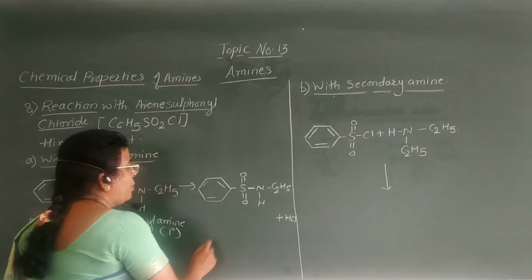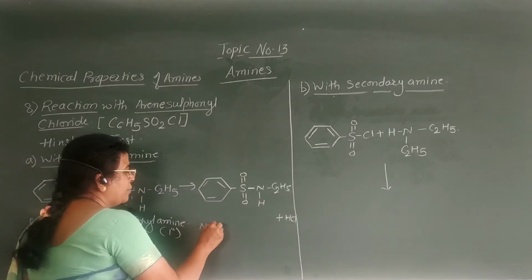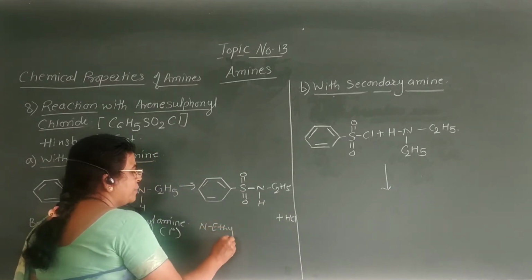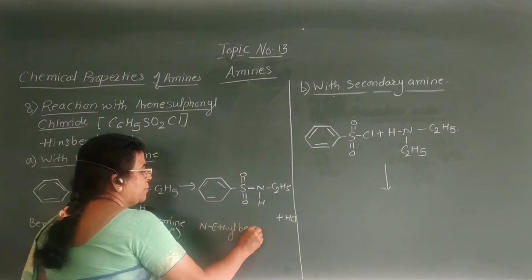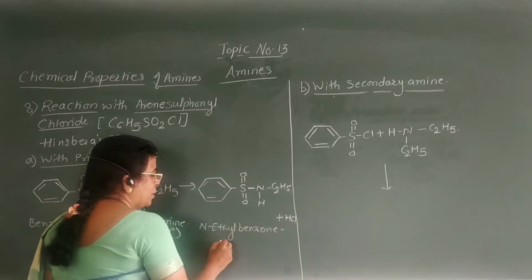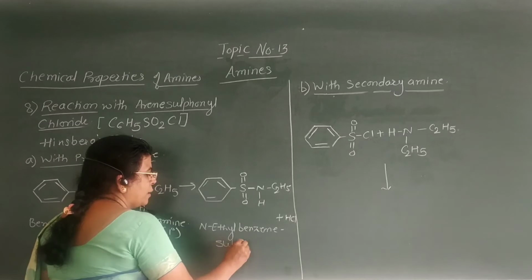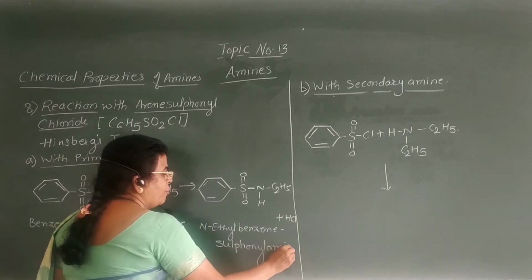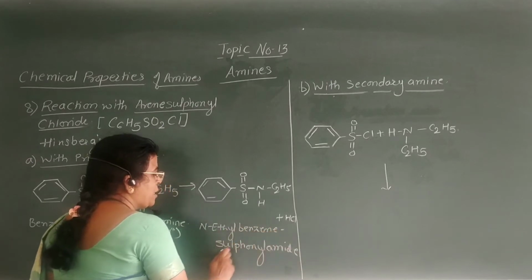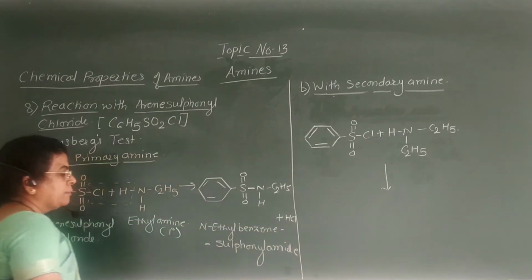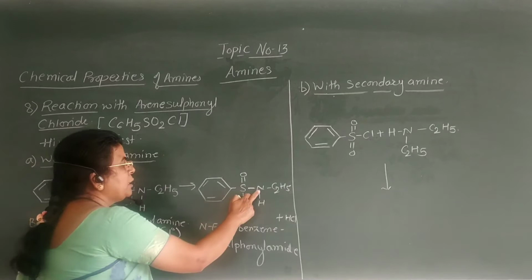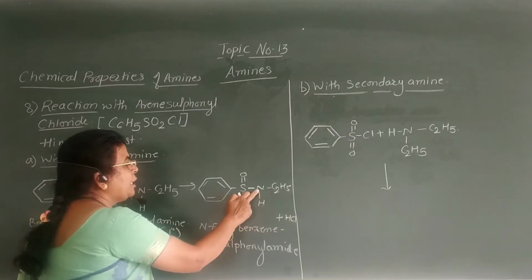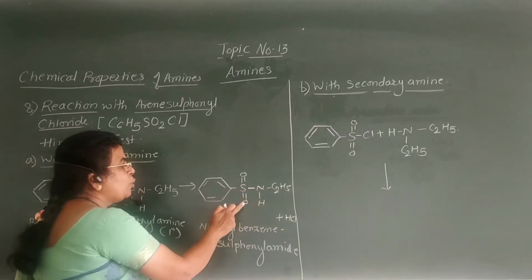Now the name of this compound is N-ethyl benzene sulfonyl amide. Formation of N-ethyl benzene sulfonyl amide takes place. Here the hydrogen atom attached to the nitrogen atom is attached to the SO2 group.